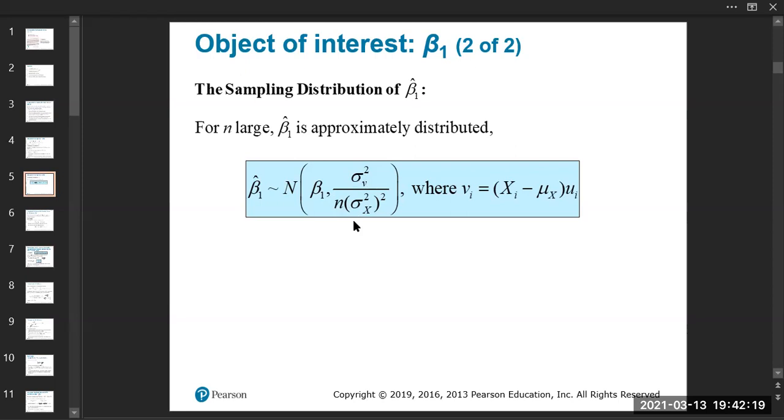You don't need to remember this equation. You just need to know that after we satisfy the three assumptions, beta 1 hat is normally distributed with its mean at exactly the population slope.